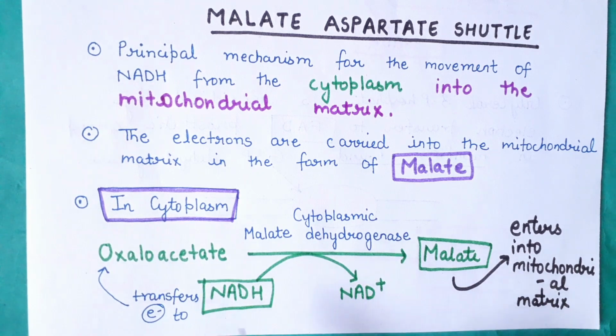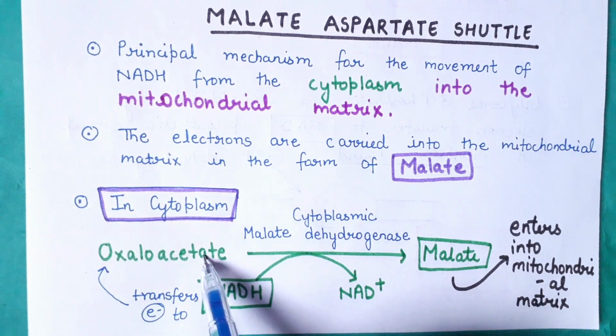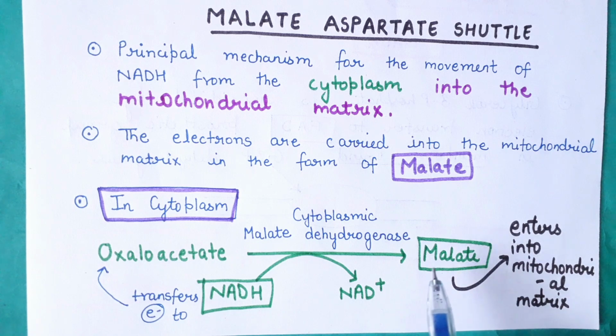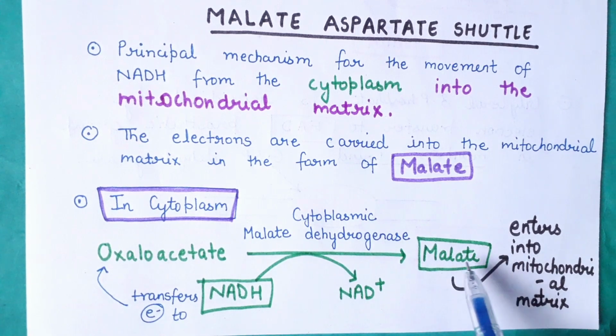So the electrons of the NADH are taken by oxaloacetate, and that oxaloacetate gets converted into malate. Now the electrons of the NADH are with malate, and that malate can enter into the mitochondrial matrix.